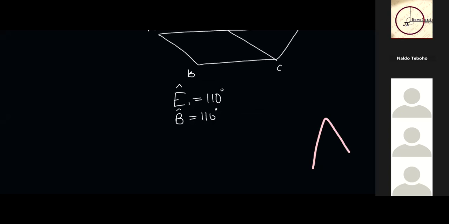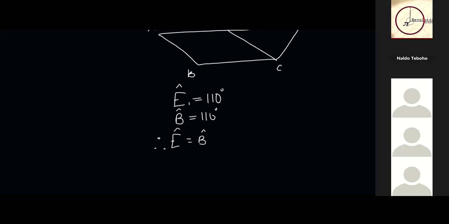So we got angle E1 being 110, we got angle B being 110. So since E1 is equal to 110, and since B is equal to 110, you will now conclude and say, therefore, angle E is equal to angle B, because both of these angles are equal to 110.